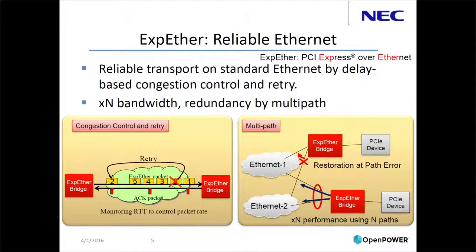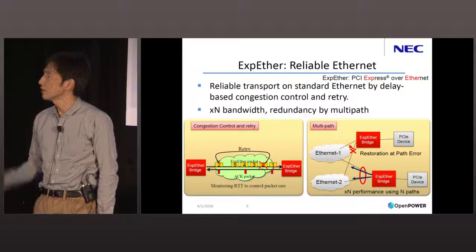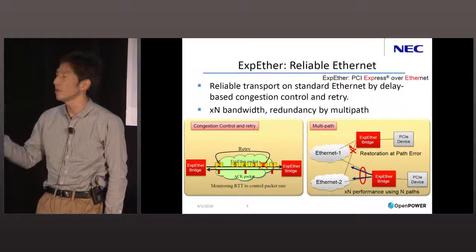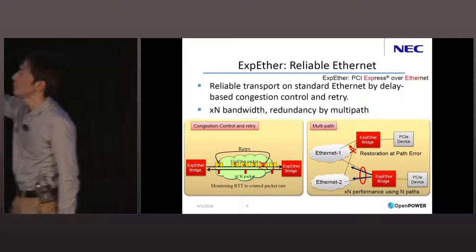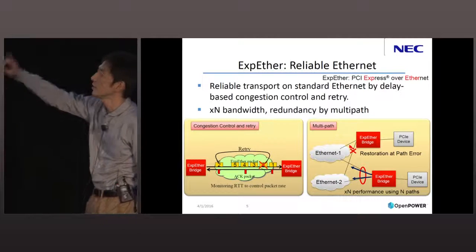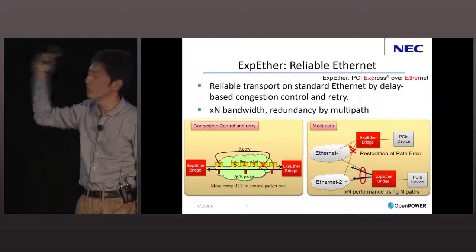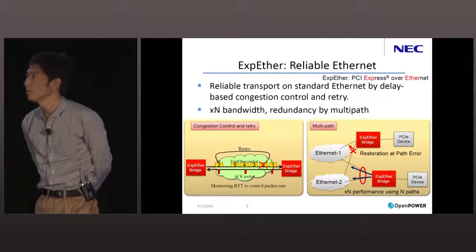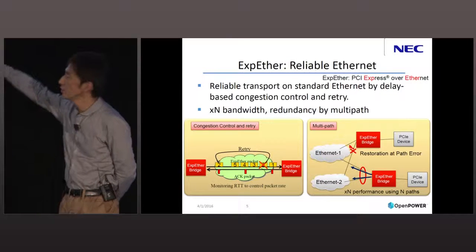The second key feature of ExpEther is reliable Ethernet. We implemented congestion control and a retry mechanism in the ExpEther chip to make the end-to-end path completely reliable. We also developed multipath technology.